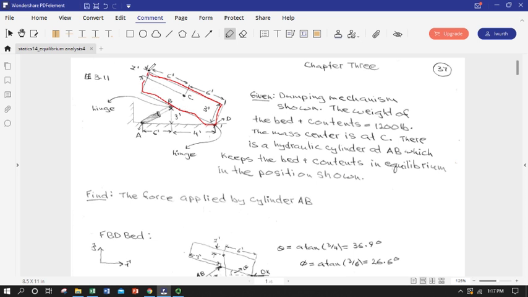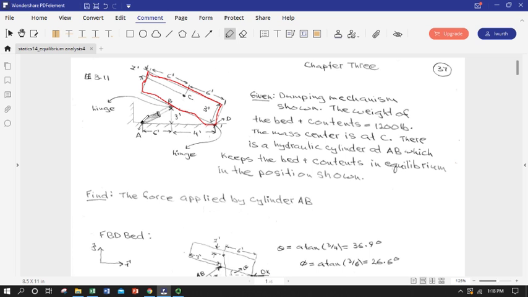And this is a 2D problem, so we're going to assume that whatever structure and geometry goes in and out of the paper is the same. So we really only need to look at forces in the X and the Y and moments in the K, the Z direction. So all of our moments are going to be coming out of the paper. So we've got a 2D system.